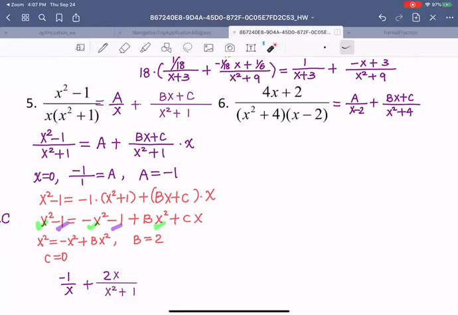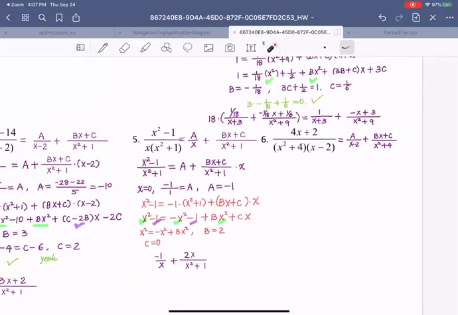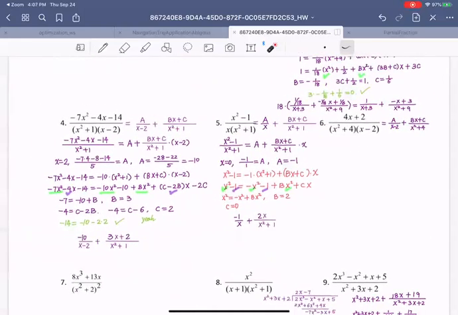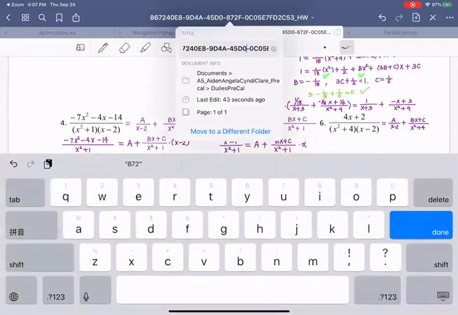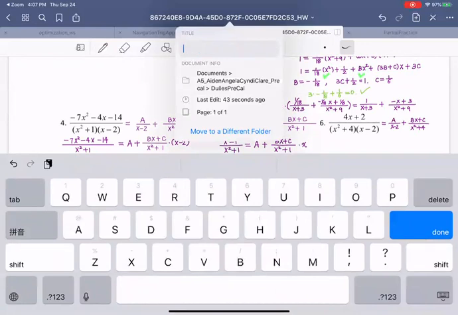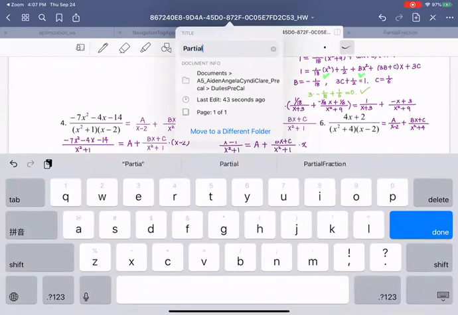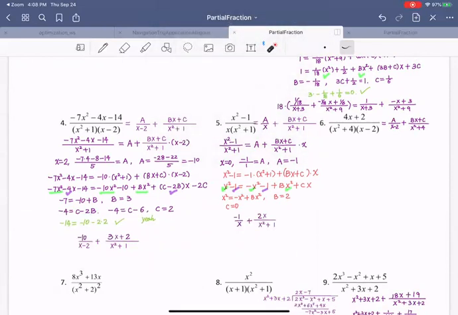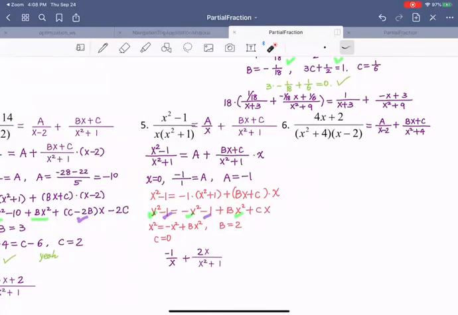You can enjoy this question. Regular pre-calculus will not teach this partial fraction at all.